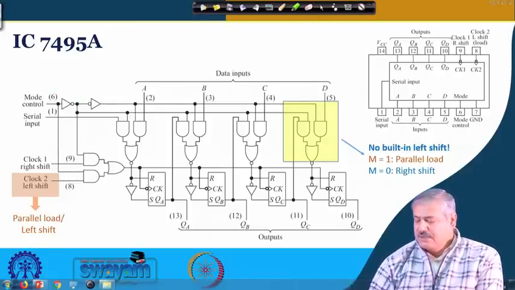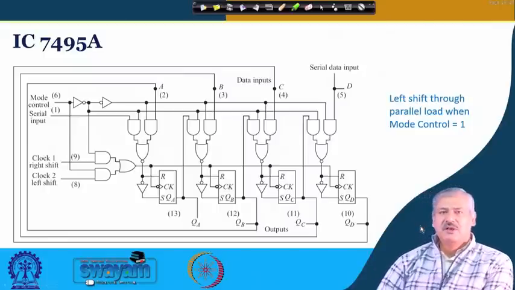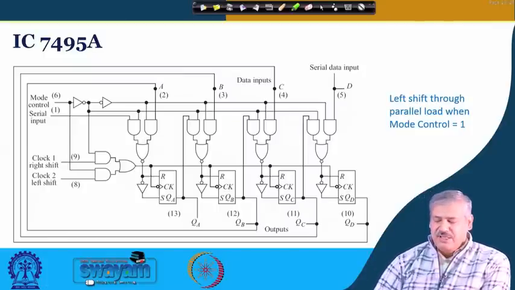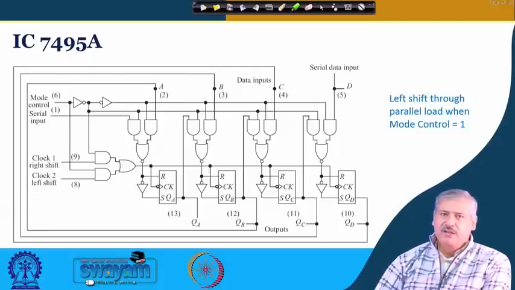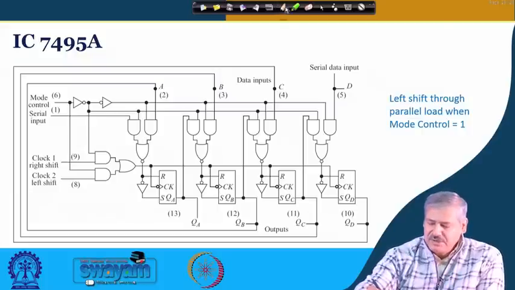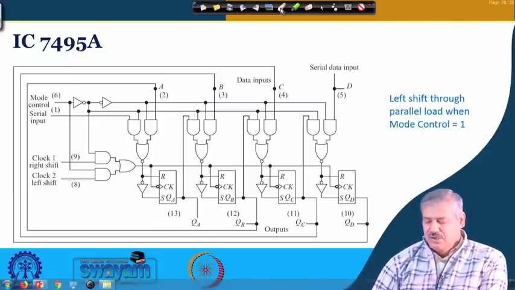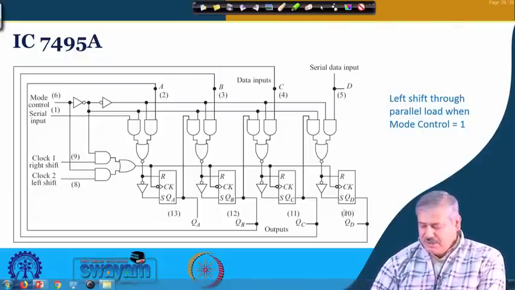Now, let us see this popular IC 7495, how it can be used for left shift also, okay. For this we need external wiring, okay. So, you see how the external wiring is done. You see this thing, this is the external wire.